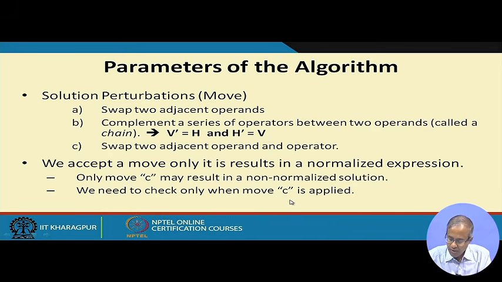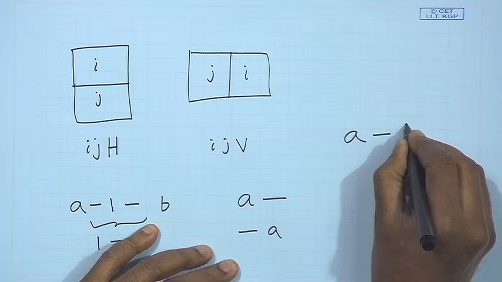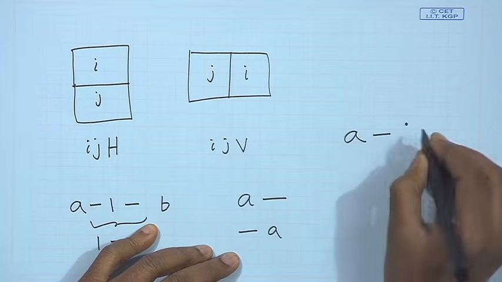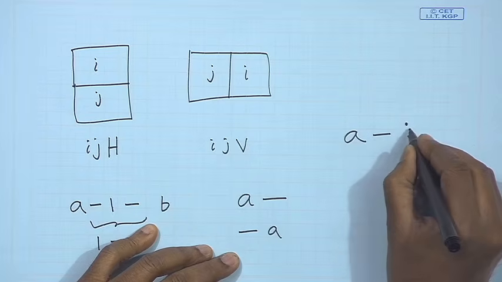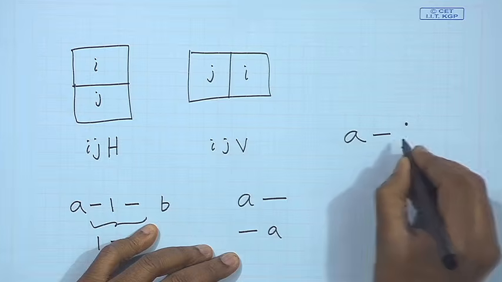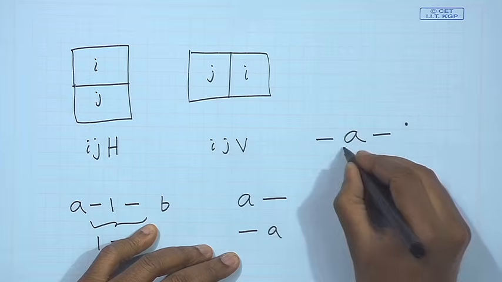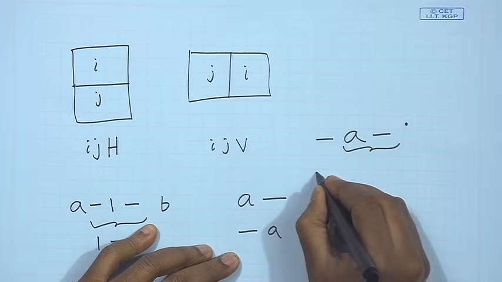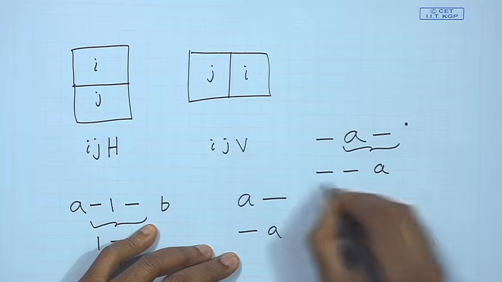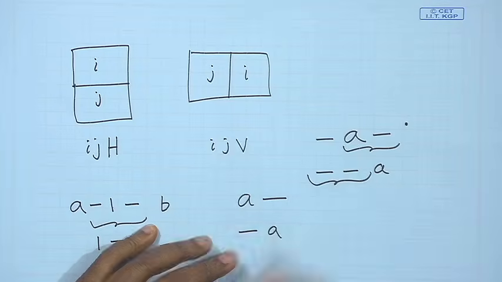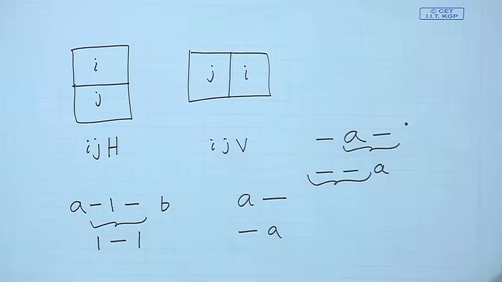You might have a situation where it was A dash dash, and if you swap these two, it may become dash dash A. So, you may get 2 consecutive dashes, it may become unnormalized. Okay.